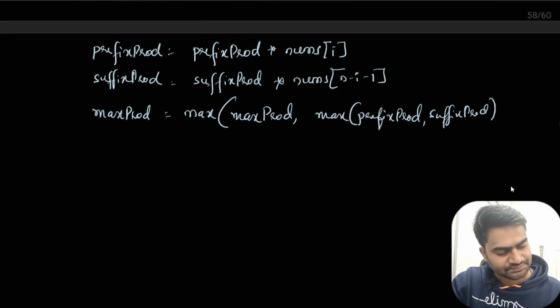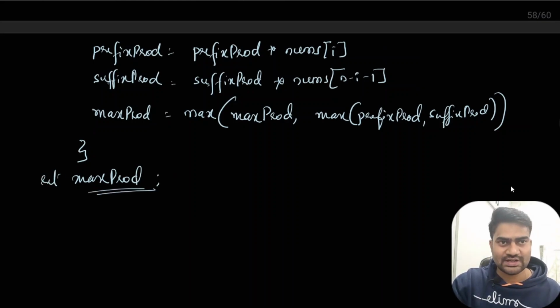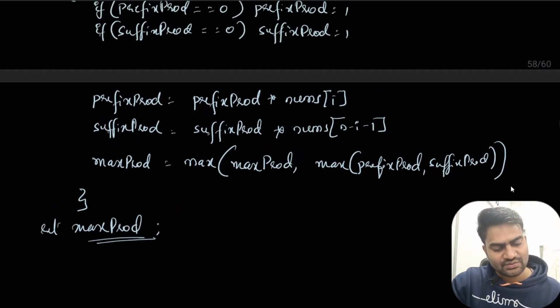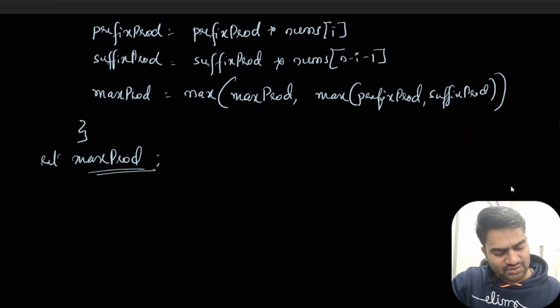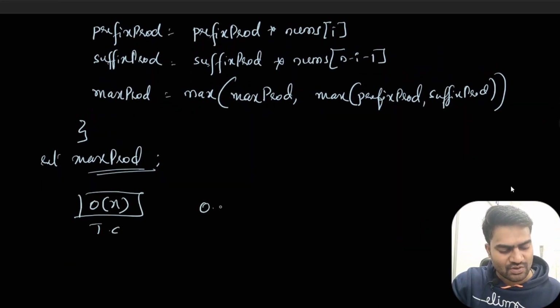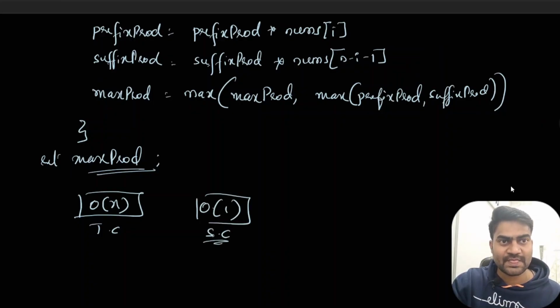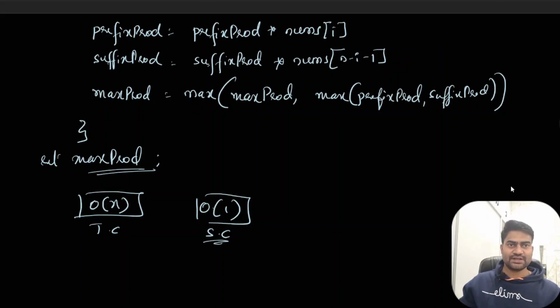Correct, right? Then finally at the end I will return my max. Okay, so with this we will be able to solve this in O of n time complexity and O of 1 space complexity. Okay, let us execute this answer.